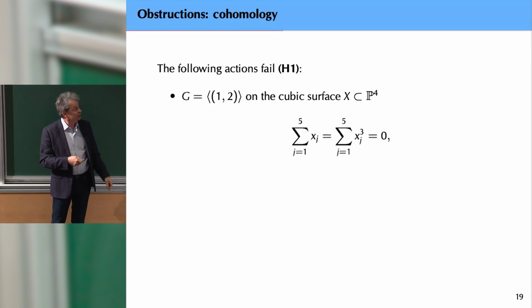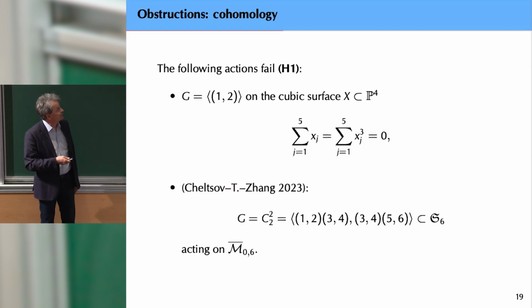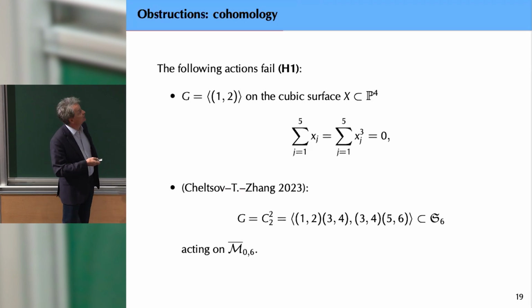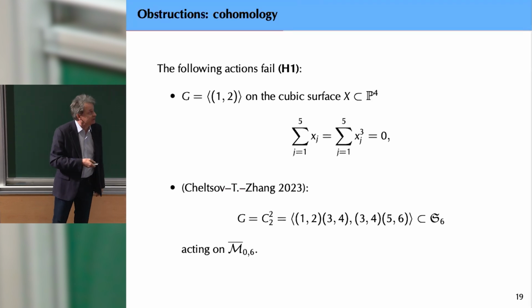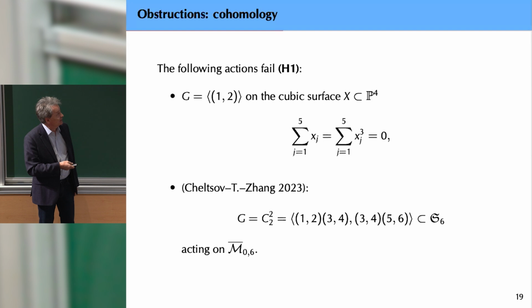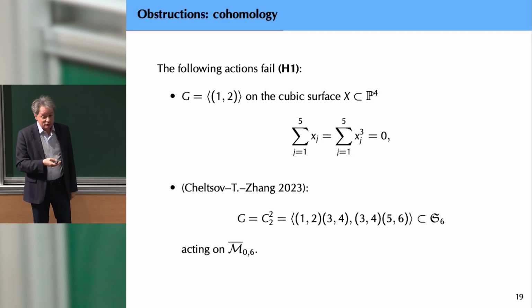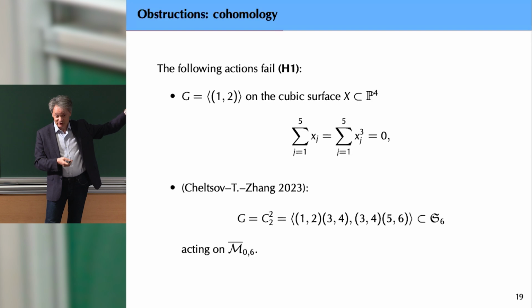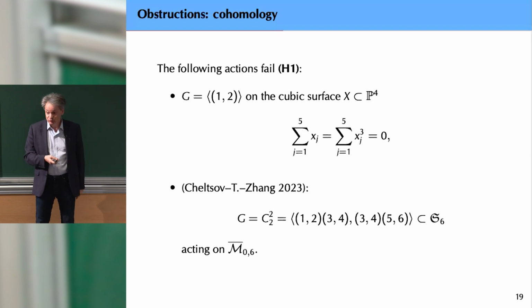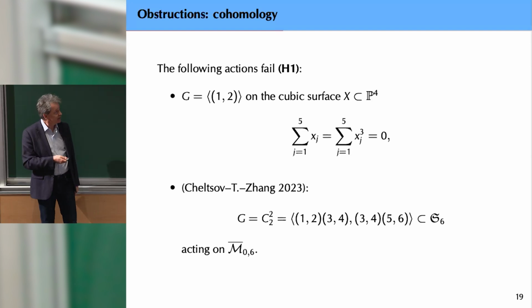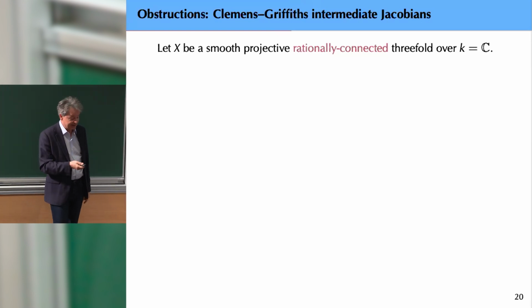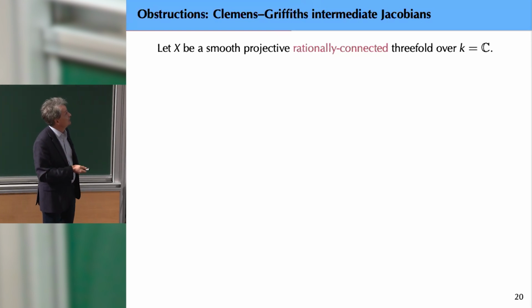That action produces cohomology. So it produces Z mod 2 squared in H1. Now, if you look at M06 bar, and now the action is via the representation on the 6 points, and you look at this C2 squared, then again it produces cohomology. And so these are examples of where the H1 obstruction plays a role.